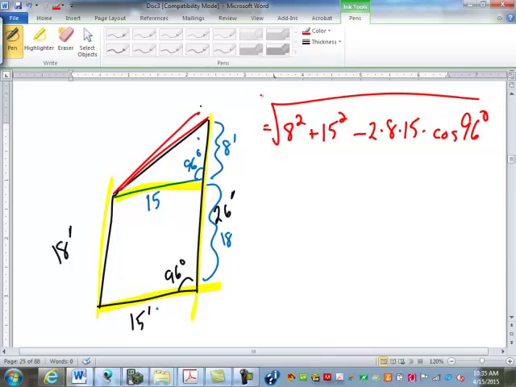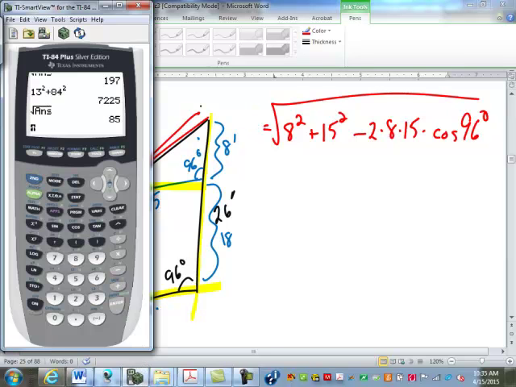We'll do the square root of that, right? So this will be c squared, so I'm just going to take the square root of that. So I'm going to punch that all in. Second, square root, 8 squared plus 15 squared minus 2 times 8 times 15 times the cosine of 96.